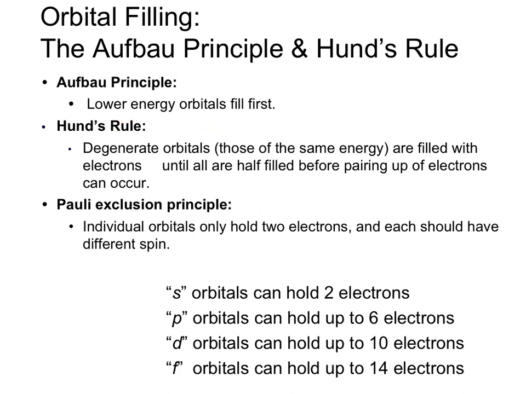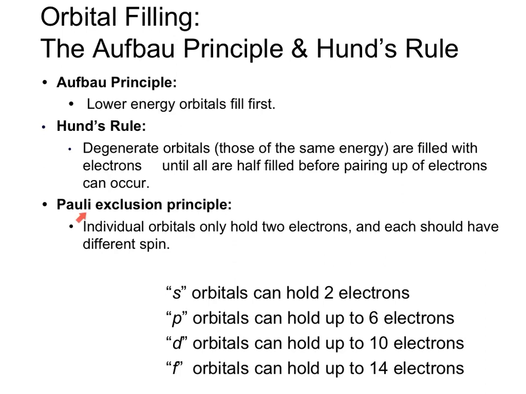But now we're going to look at each of those individual orbitals and use Hund's rule, which tells us that degenerate orbitals, which are orbitals of the same energy, for instance 2p, 3d, something like that, are filled with electrons until the orbital is half filled before pairing up of electrons can occur. And we'll see what that means in just a minute.